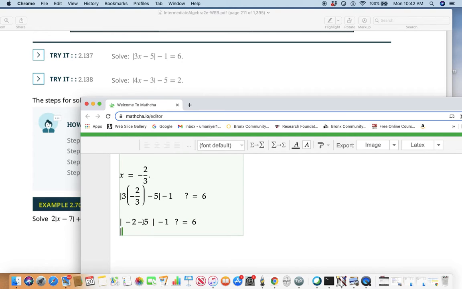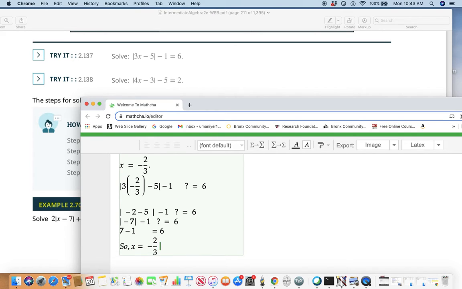This is absolute value of negative 7, minus 1. Absolute value of negative 7 is 7, minus 1 is indeed 6. So yes, x equals negative 2/3 is a solution.